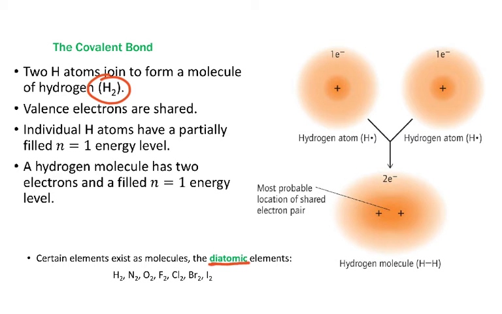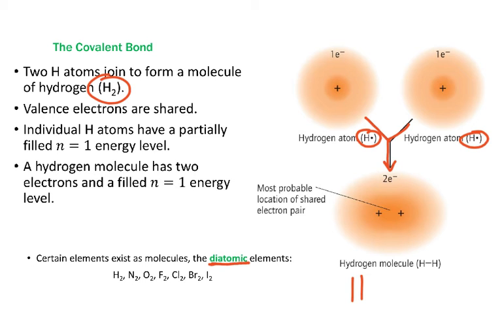So one hydrogen atom has one valence electron, right? But the first row needs two electrons to be filled. So hydrogen wants another electron to be more stable. So instead of getting that electron from an atom as an ion, what it can do is find another hydrogen atom, also with one electron, and they can join together, and now they have two, and they can share those two electrons.